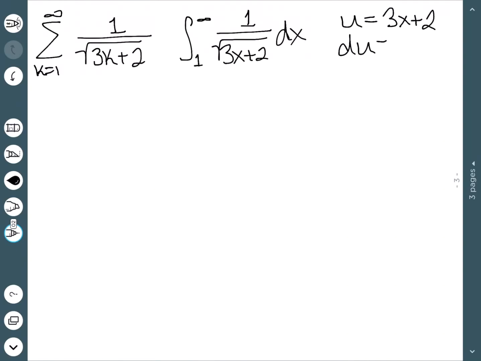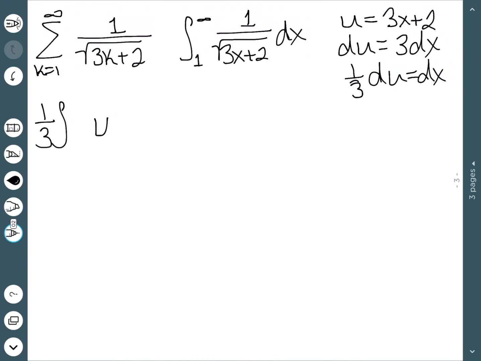So du is going to be 3 dx, or equivalently 1/3 du will be equal to dx. So this is now 1/3 times the integral of 1 over the square root of u, or u to the minus 1/2. For my bounds, 3 times 1 plus 2 is 5, and 3 times infinity plus 2 is still infinity.